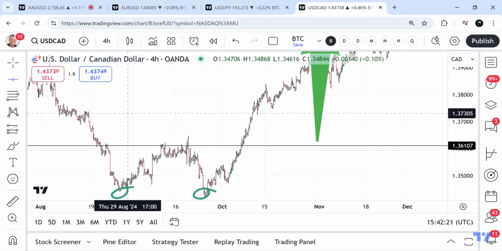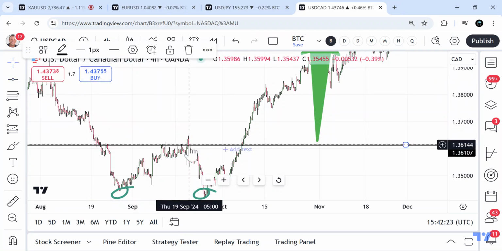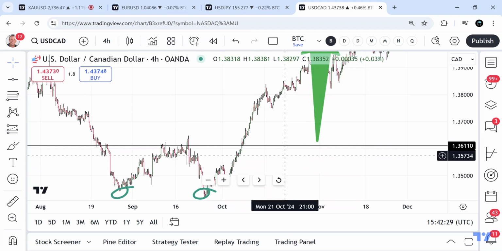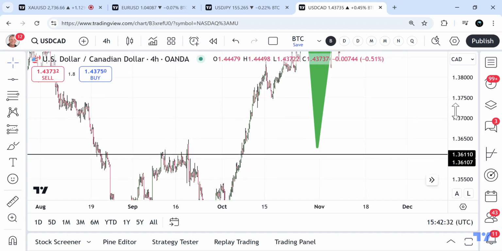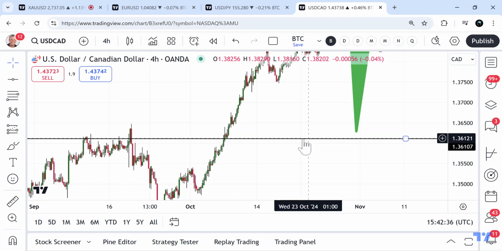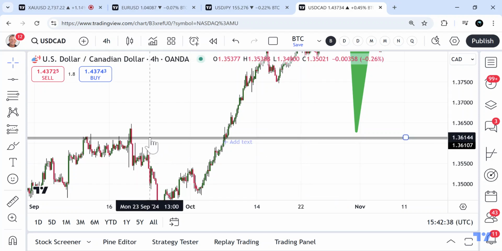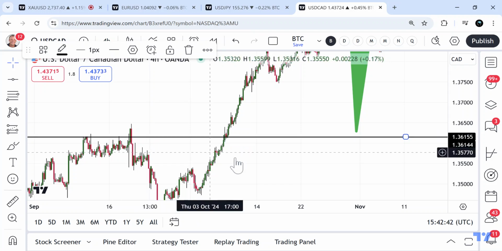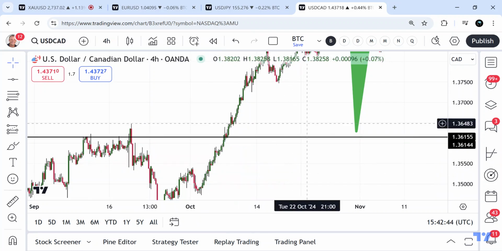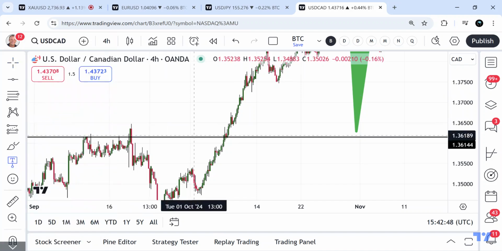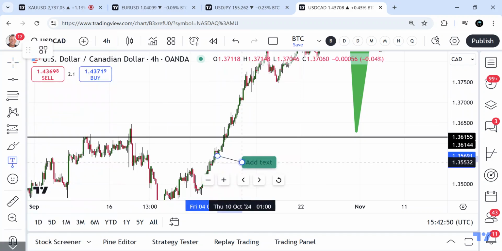And how would I have entered this market? I would have put it on the tops like that, as such. Maybe a little bit higher. And personally, my stop loss would have been here.